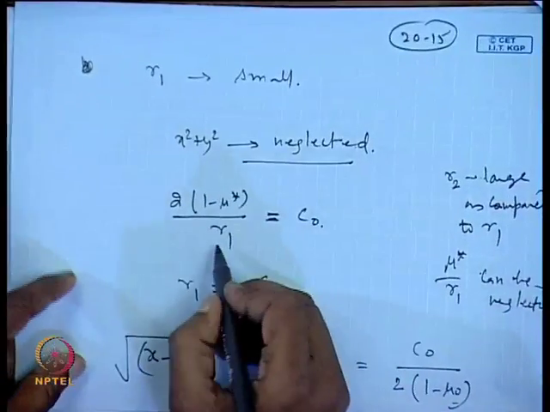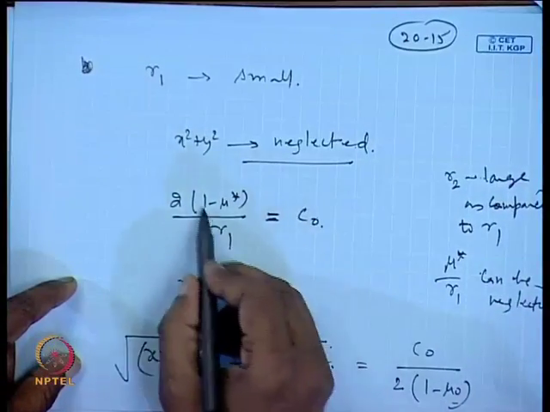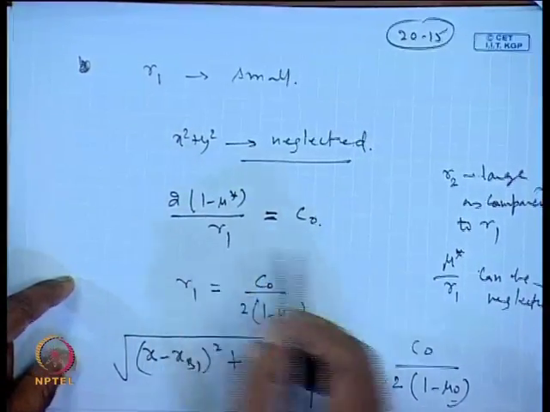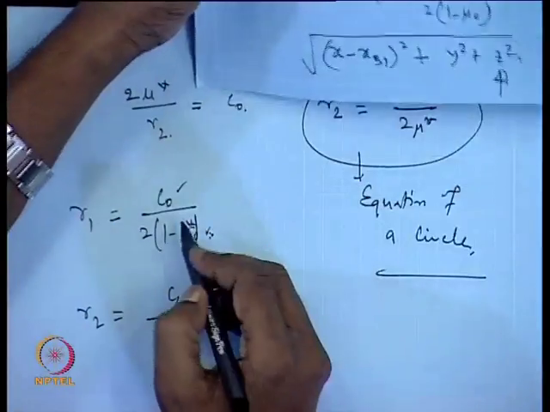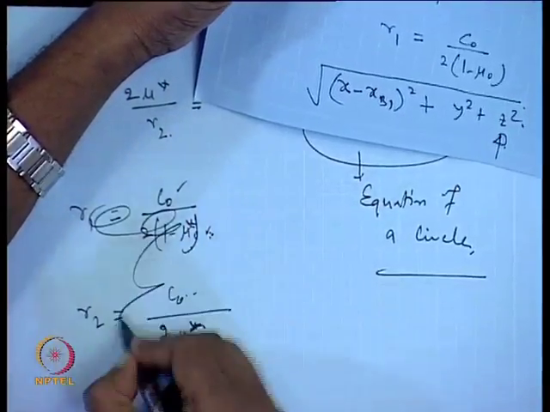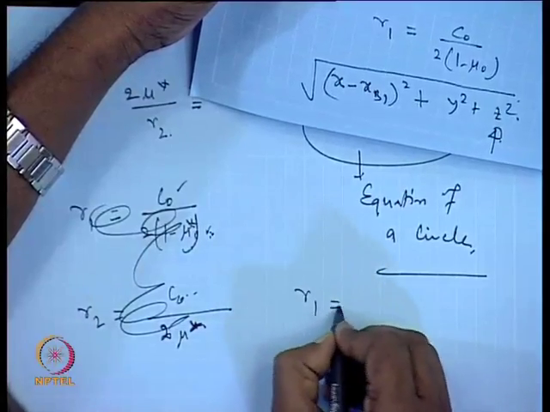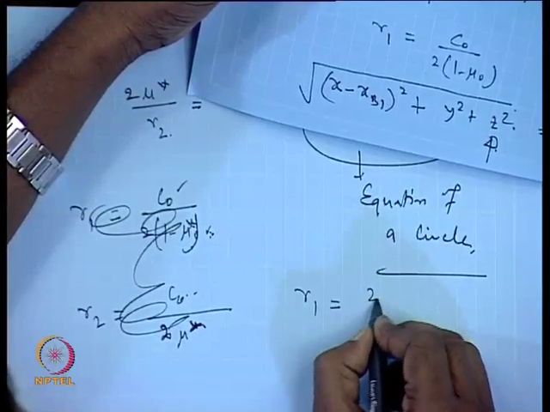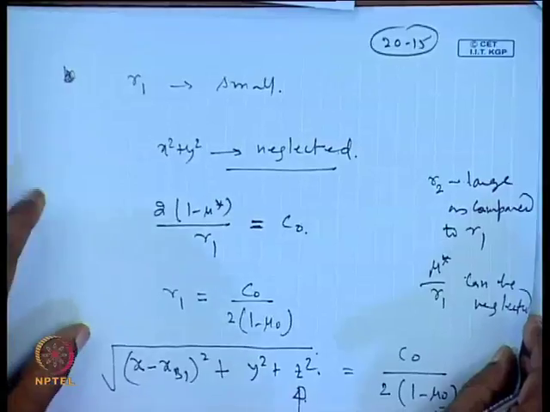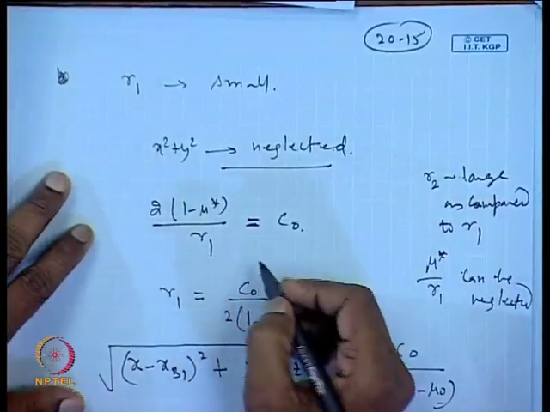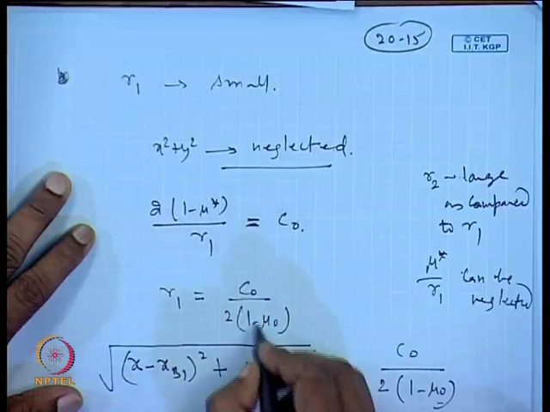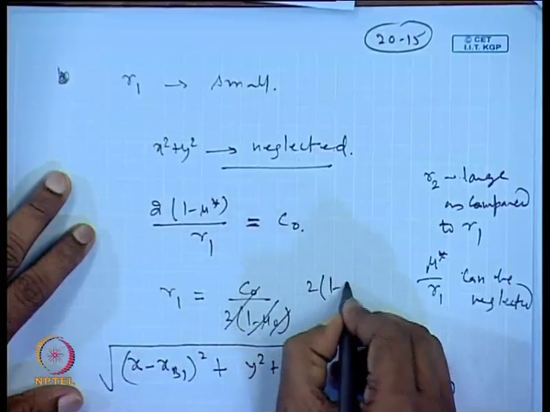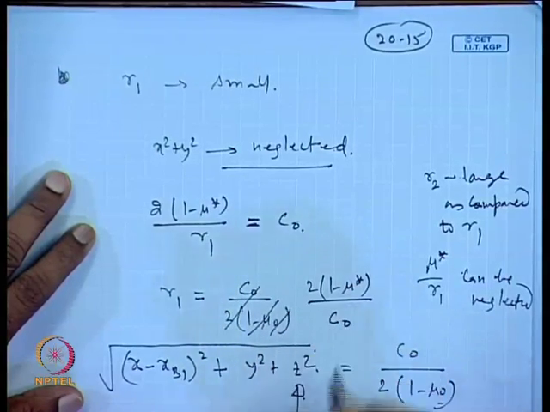This is the equation that we have taken. We have written R 1 is equal to 2 times mu star by C 0. So, we have written just the reverse thing. Here we have made a mistake. R 1 is equal to 2 times 1 minus mu star divided by C 0.